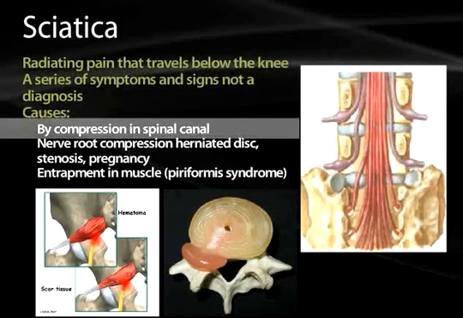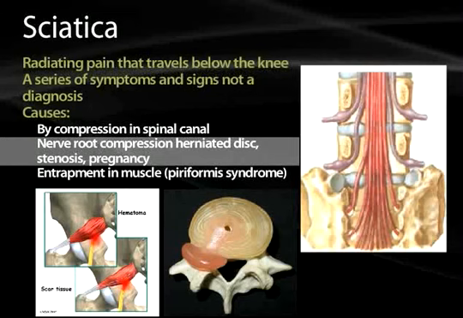Well, they can be compression in the spinal canal. There can be nerve root compressions because of herniated discs or stenosis, and oftentimes pregnancy. But remember, nerve root compressions often will need multiple levels to give you a true sciatica, which is why you may not see that nerve root compression shooting past the knee.